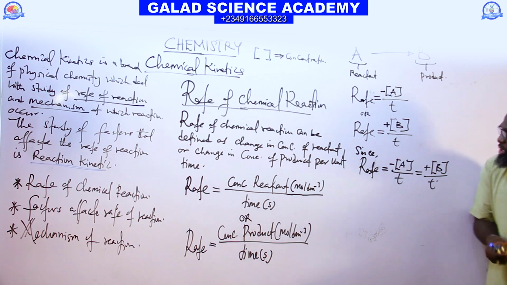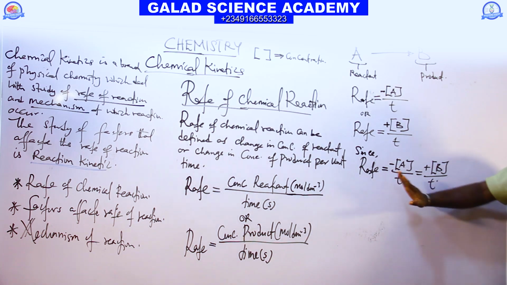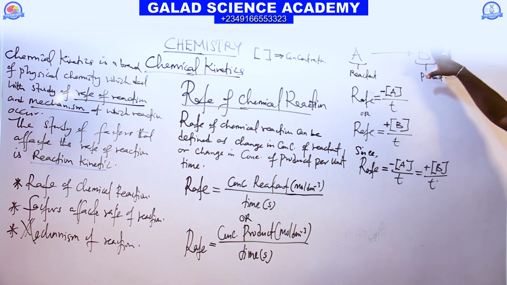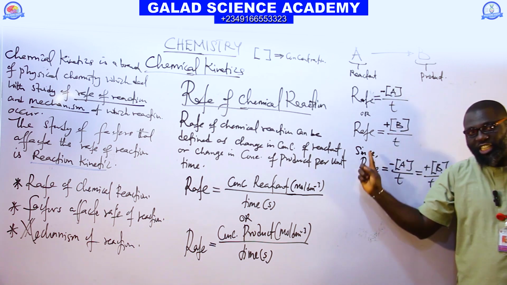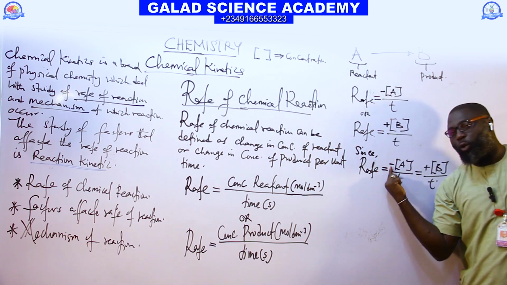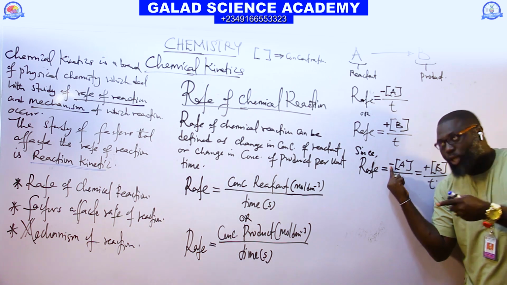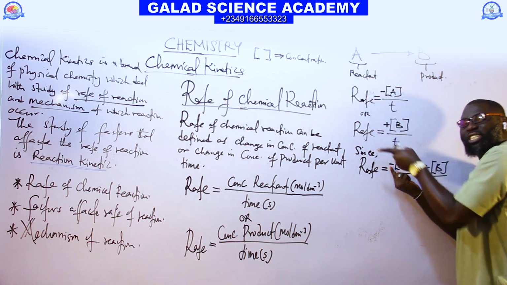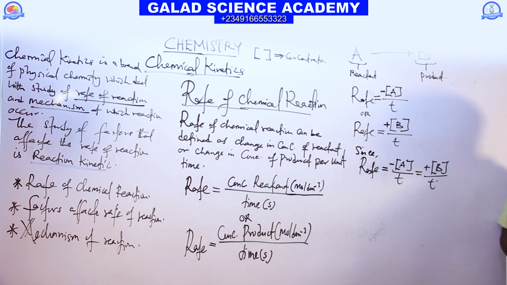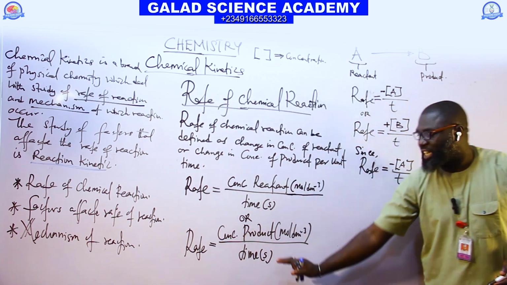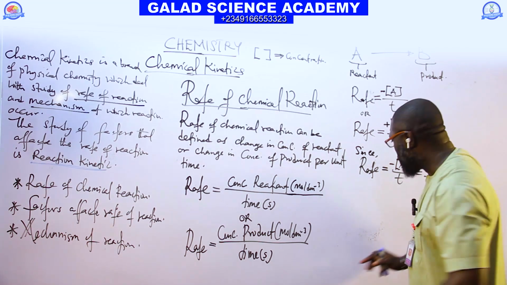So this is the definition of the rate of reaction in terms of a chemical equation. The rate is the change in concentration of reactant; we put minus, meaning this reactant is depreciating. Plus means this one is appreciating. So that is all about the definition of the rate of chemical reaction.